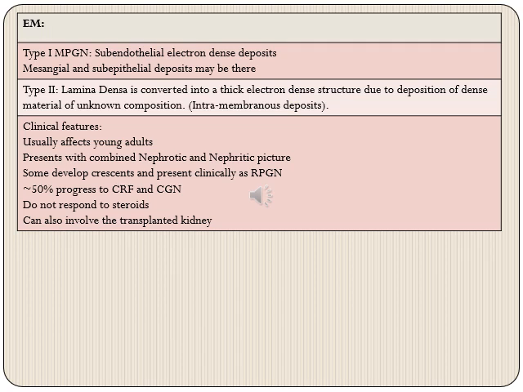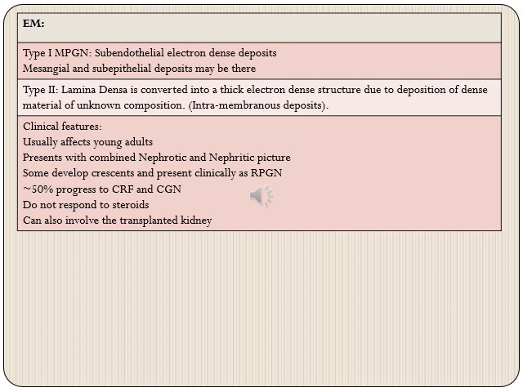Continuing with electron microscopy appearance, type 1 MPGN has subendothelial electron dense deposits. Mesangial and subepithelial deposits may be there, but the characteristic deposits are subendothelial. Then type 2 has the lamina densa of the glomerular basement membrane converted into a thick electron dense structure, and this is due to deposition of dense material of unknown composition, and that is why it is named dense deposit disease.